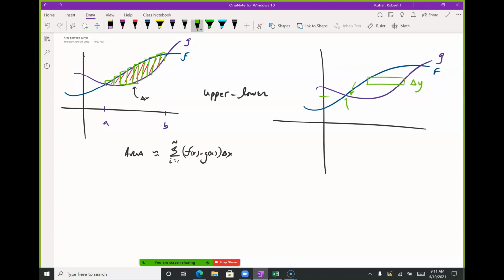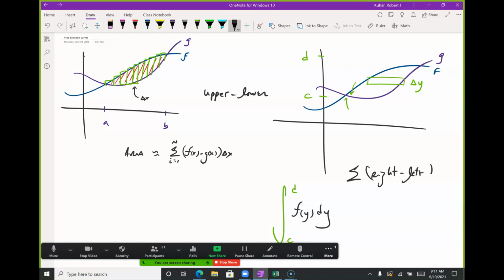So I'm talking about C to D. My integral is really from C to D of f of y dy, right? And so this is the sum of right minus left delta y.